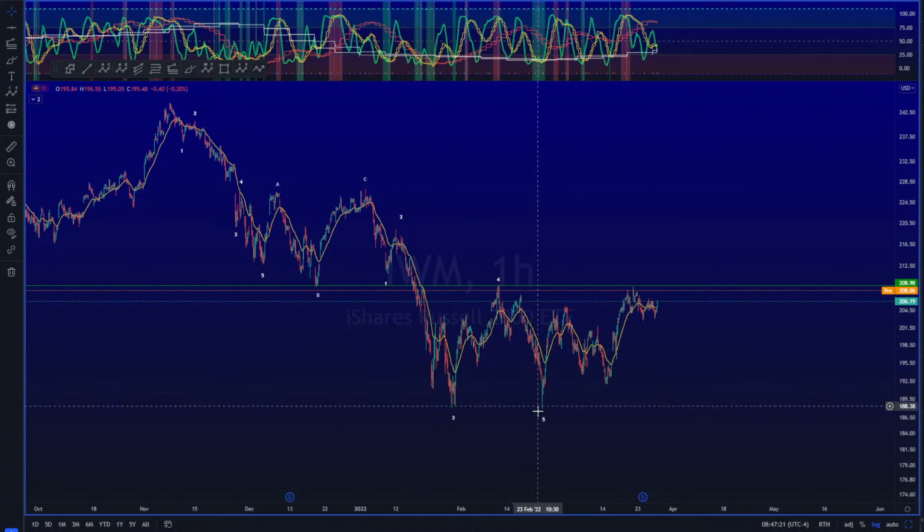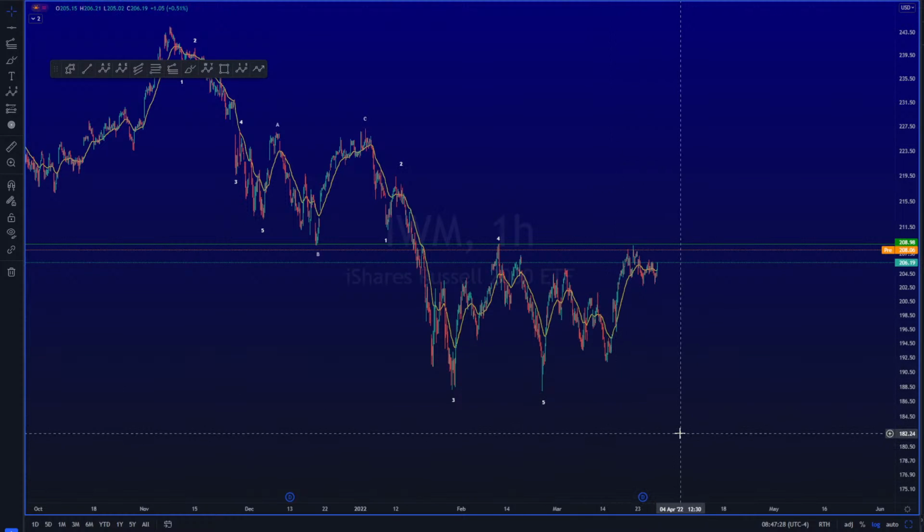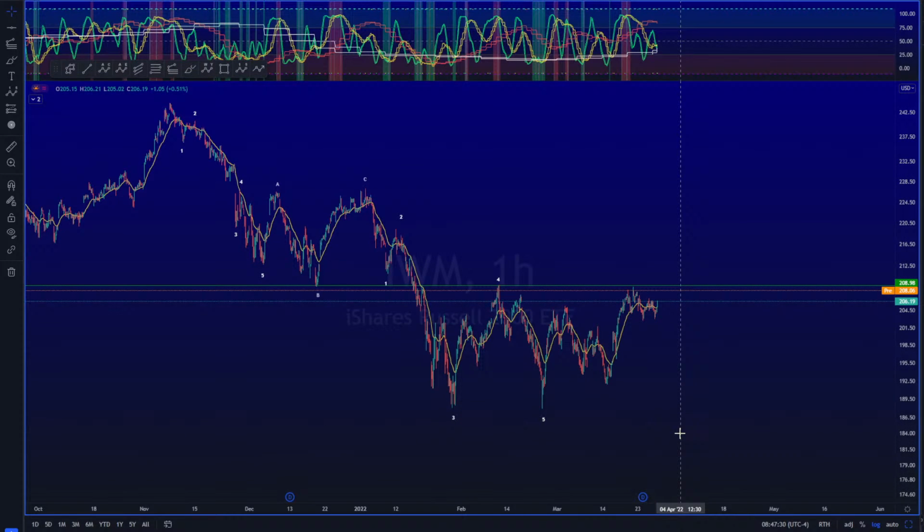I can't get a clean 5 out of this. It almost looks like an ABC. Okay, so this is where things do tend to fall apart a little bit from an Elliott wave perspective. I mean, I could try and count a 1, 2, 3, 4, 5. I could squeeze 5 out of that, but it just doesn't look all that great.